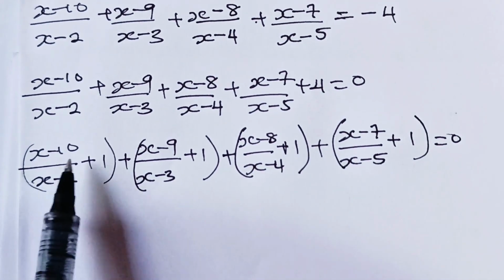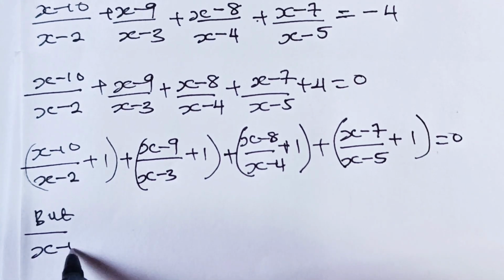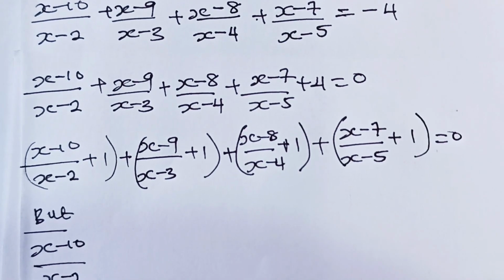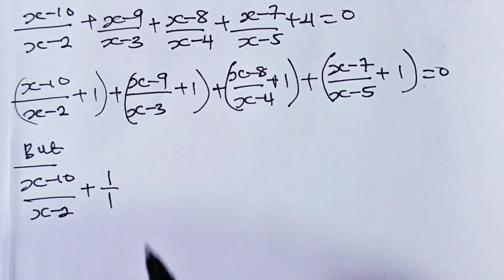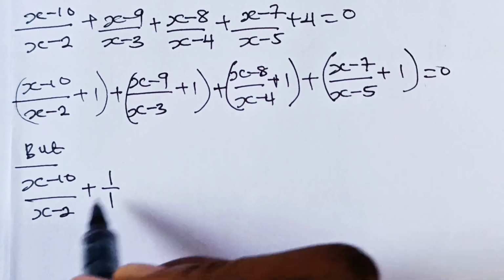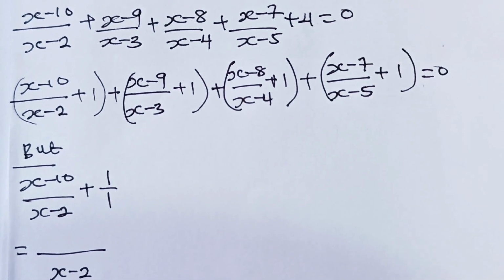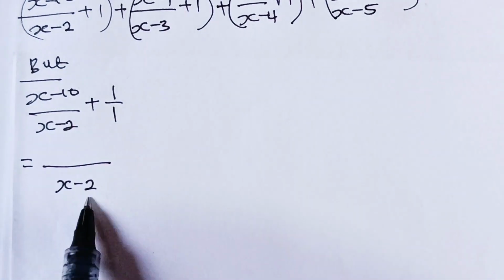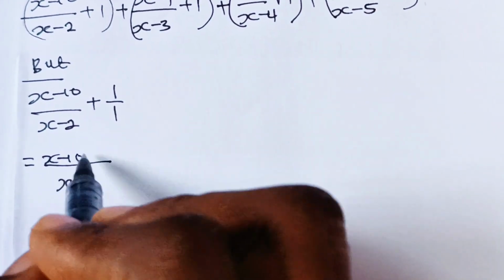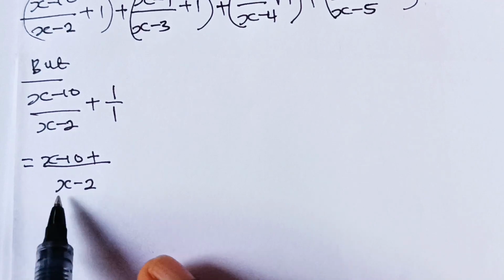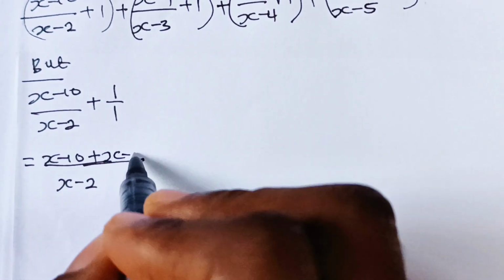Now let us solve this first one here, (x minus 10) divided by (x minus 2) plus 1 over 1. If we solve that, the LCM is x minus 2. x minus 2 divided by x minus 2 is 1, and 1 times x minus 10 still gives x minus 10, plus if 1 divides x minus 2, we still have x minus 2 times 1, which gives x minus 2.